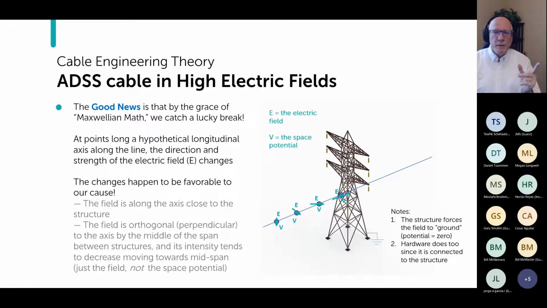The space potential stays the space potential, but the field, if you look at it, becomes smoother. It's distorted by the structure here. The structure, and the hardware, acts to drive the field to zero, which has the effect of increasing the intensity. The kilovolts per meter goes up.